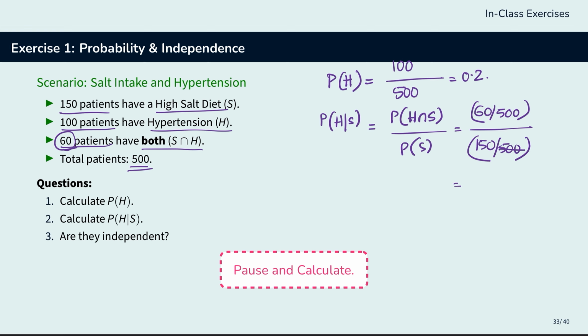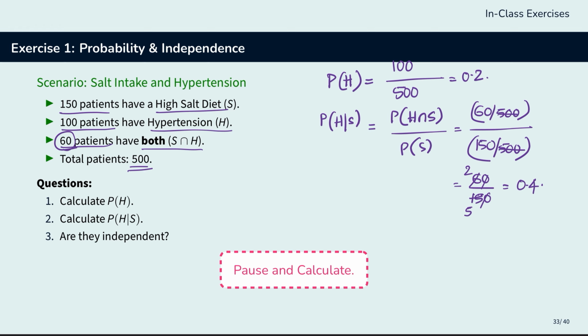So 500, 500 gone. We're left with 60 over 150, which becomes how much? 0 gone, so 2 over 5. I basically divided both of them by 3. So 2 by 5 is 40% or 0.4.